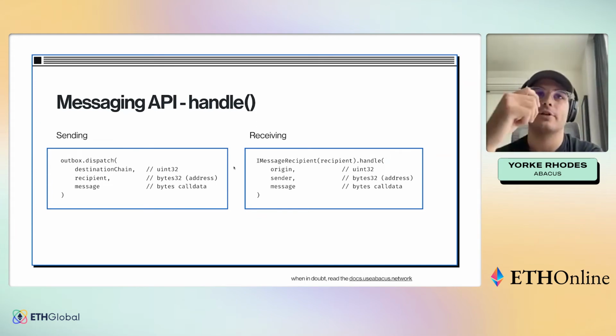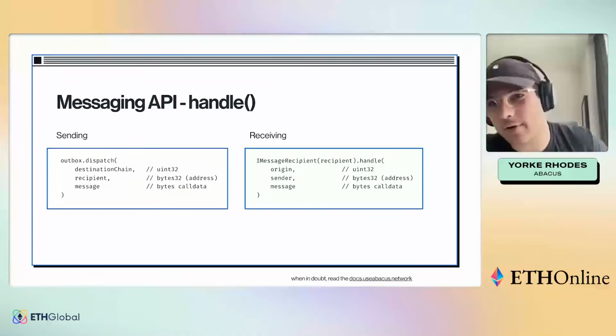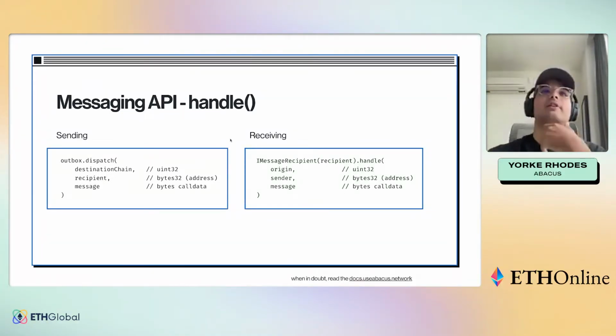And you deploy a single router on all of the chains, and then you can leverage all of the pairwise channels between all of the chains. And I think so far we've been leveraging this router pattern internally, but it's fairly complicated, so I don't want to dive into it right now.